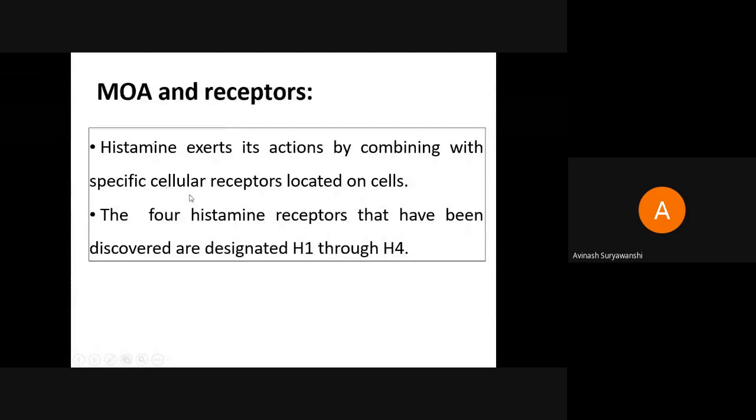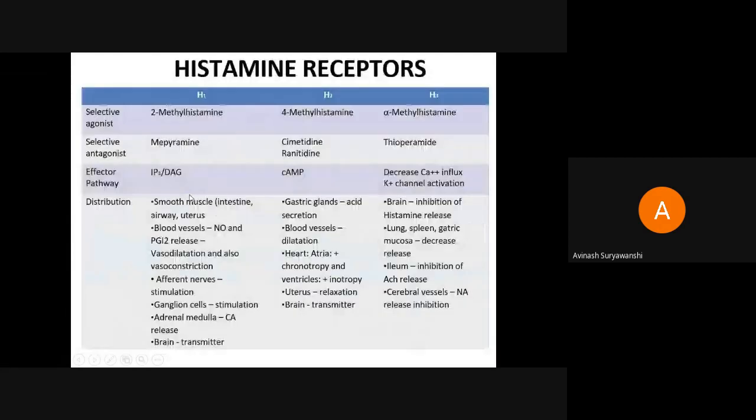Okay, and if the target cell has such receptors, then we are able to see the action of histamine on that cell. What kind of receptors are they? They are G protein coupled receptors. All these four receptors are of the G protein coupled type.